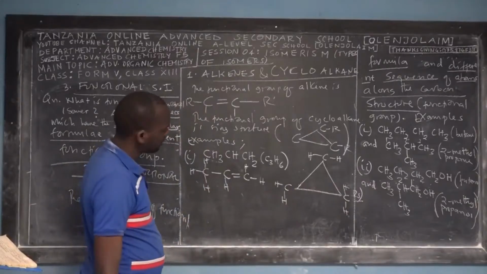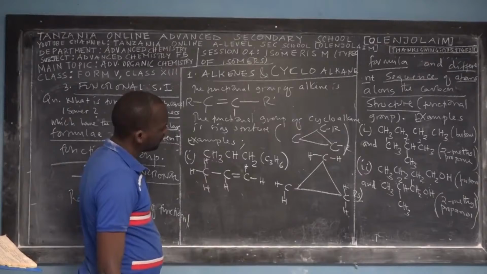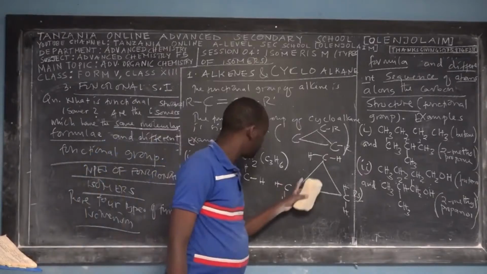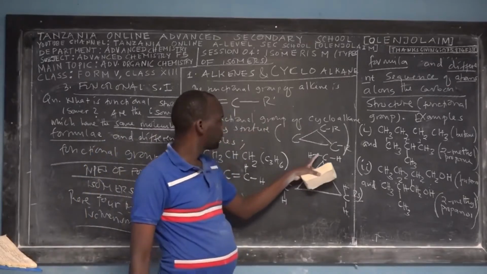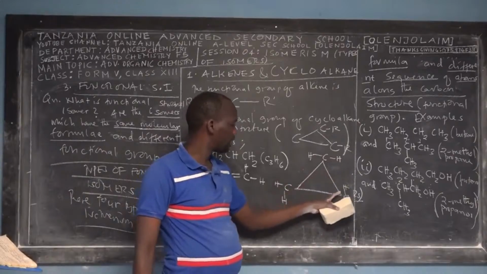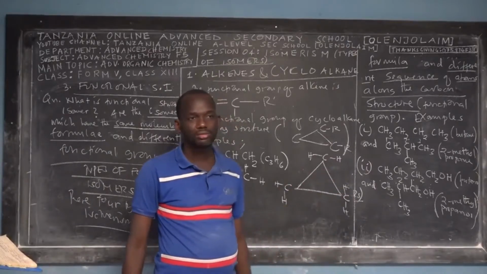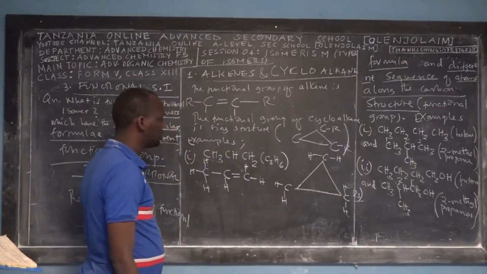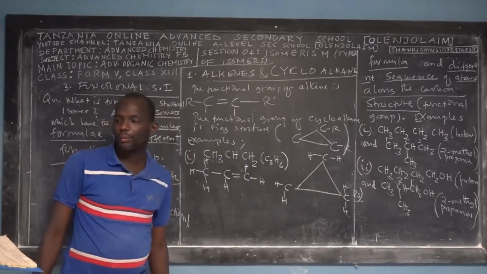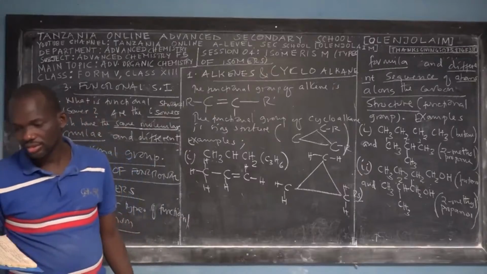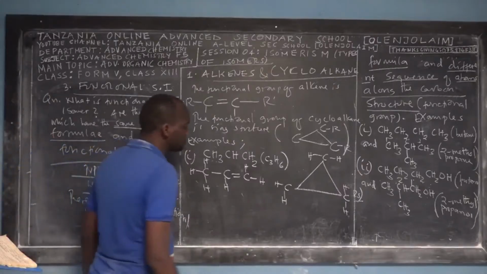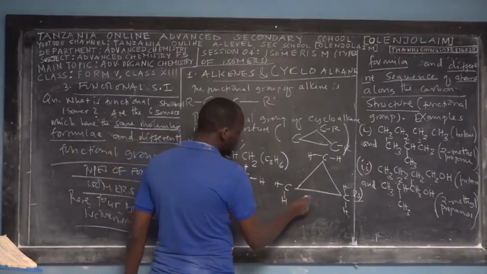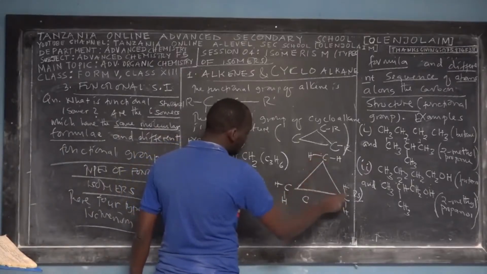Is that right? Yes, because there are 4 bonds on each carbon: 1, 2, 3, 4. This one is called cyclopropane. How many carbons? 3: 1, 2, 3.